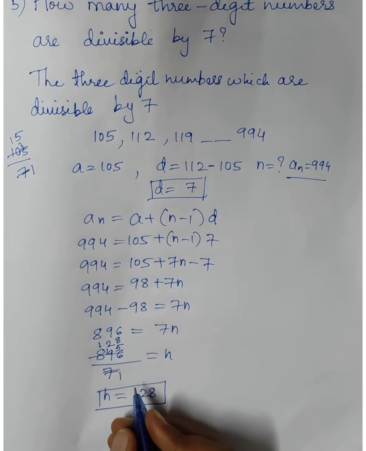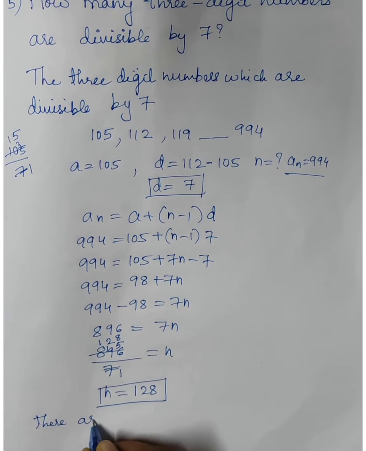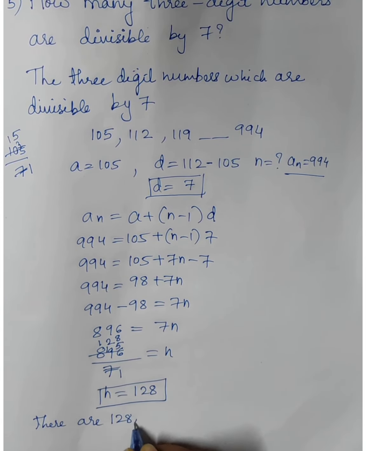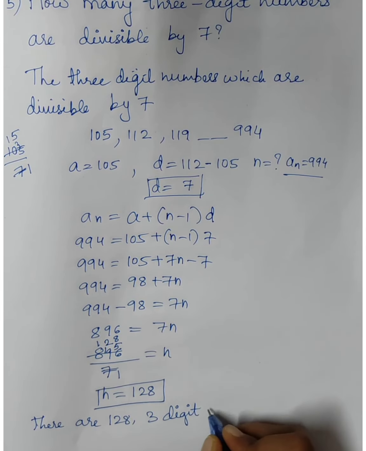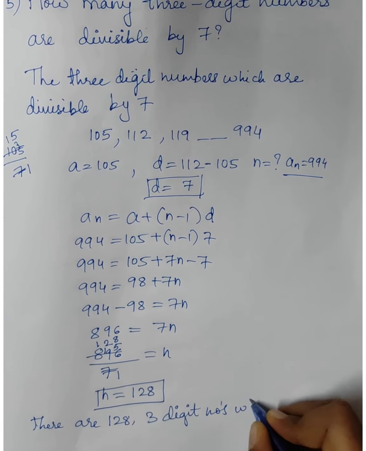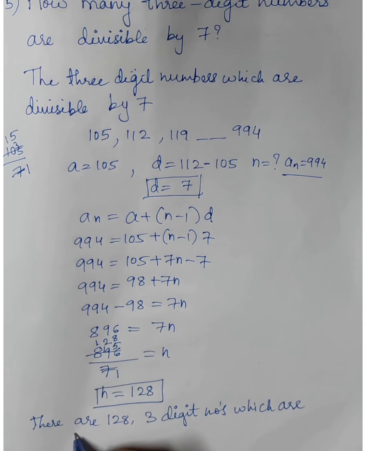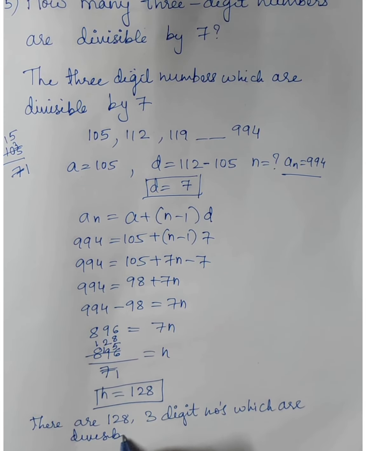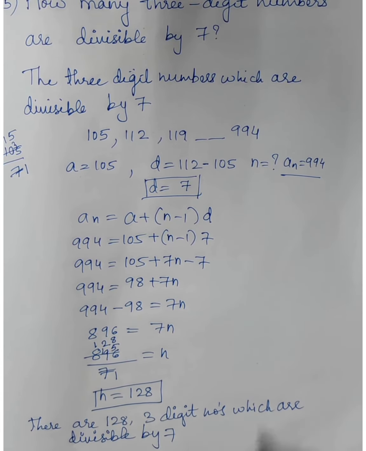Now what you are going to write? See, there are 128 3-digit numbers which are divisible by 7. Okay, this is the solution.